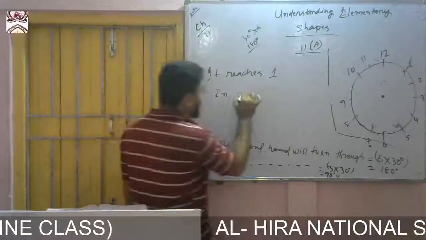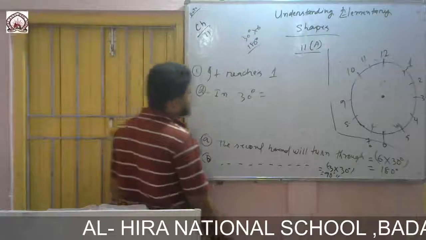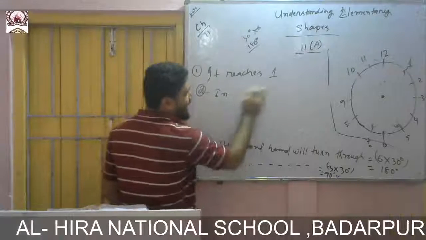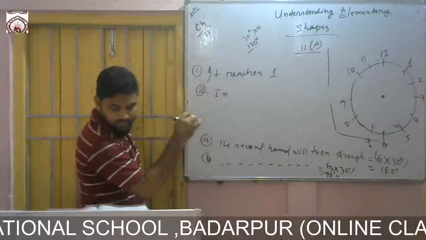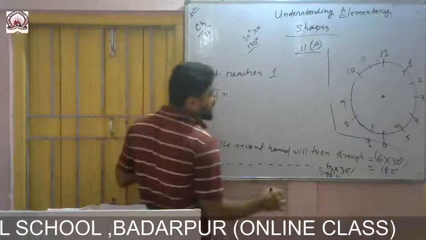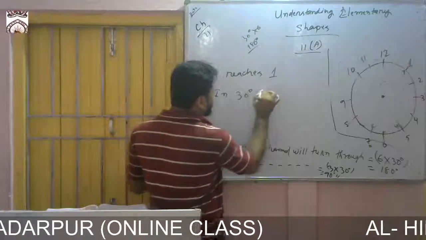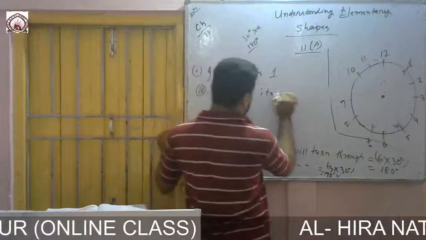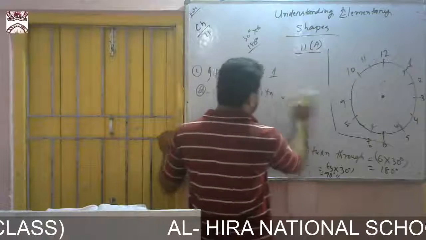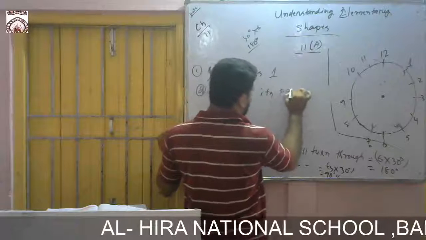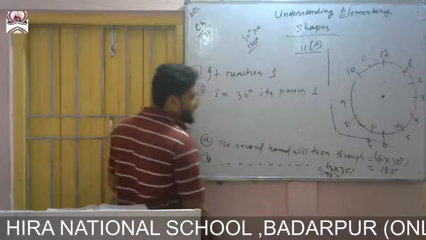So in 30 degrees, write like in 1 hour. So write this. In 30 degrees it passes 1 hour. Okay, then in 60 degrees it will pass 2 hours.